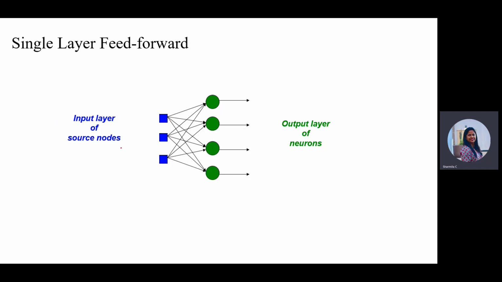So we have the input or source nodes, and we have the output layer. The nodes here, each of them is considered a neuron. If I consider a single neuron, it is similar to a single perceptron performing the operation. So this type of architecture is called a single layer feed forward neural network architecture.